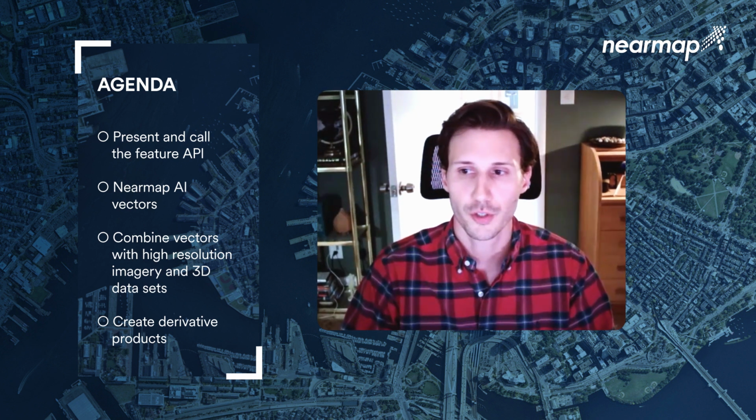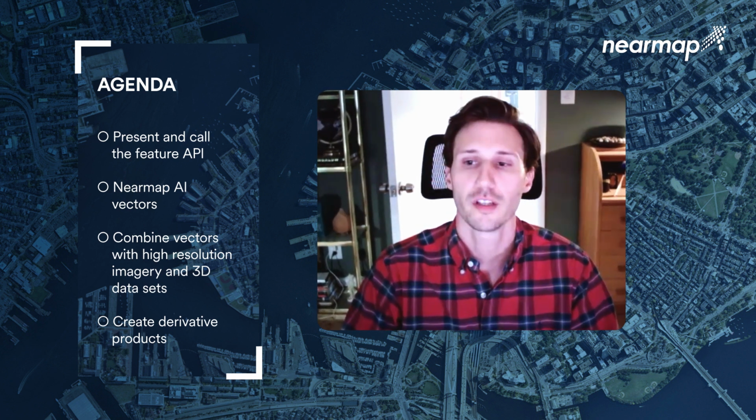You will also learn to create derivative products, including level of detail 2 buildings, and add attributed information for each structure to aid in the process of frequently updated property information. I will now hand it over to Kevin to talk about our AI Feature API for a dataset in Pleasanton, California. We've really been looking forward to this session, so let's get started.